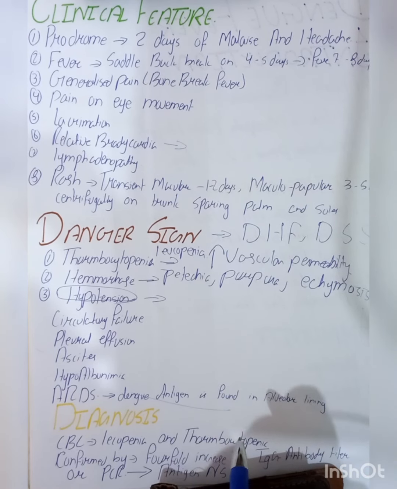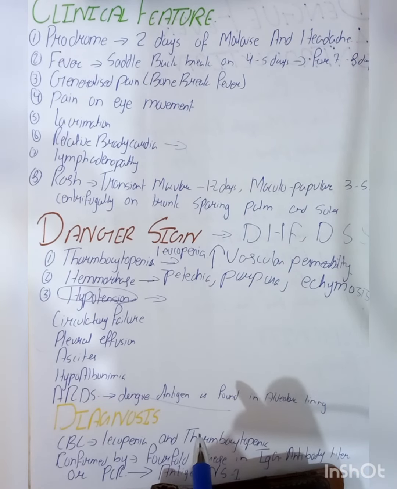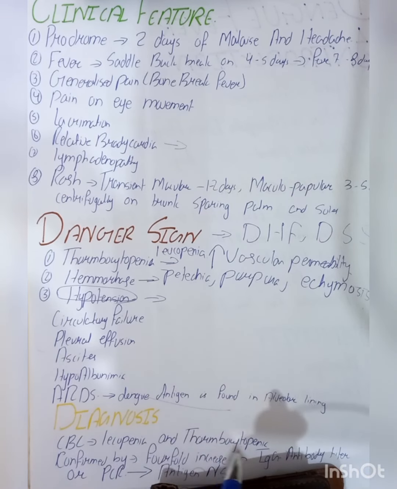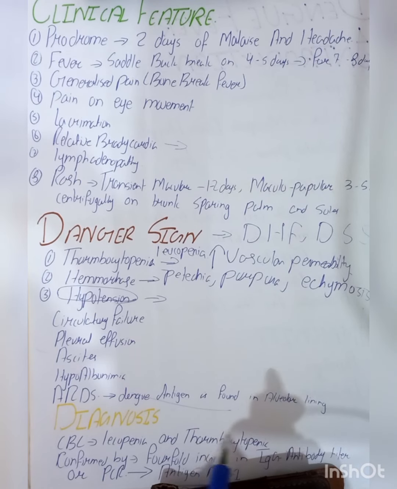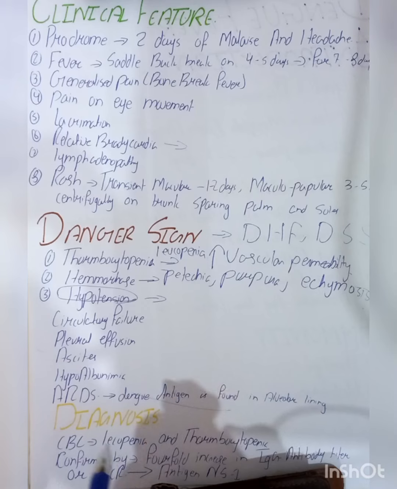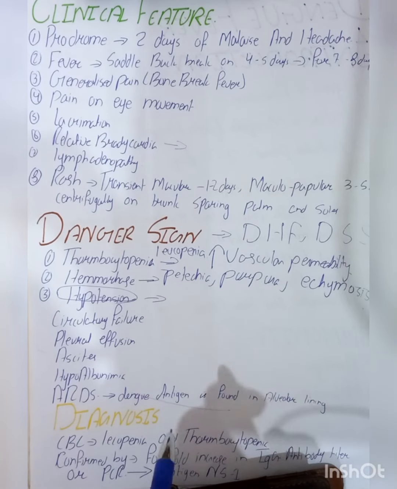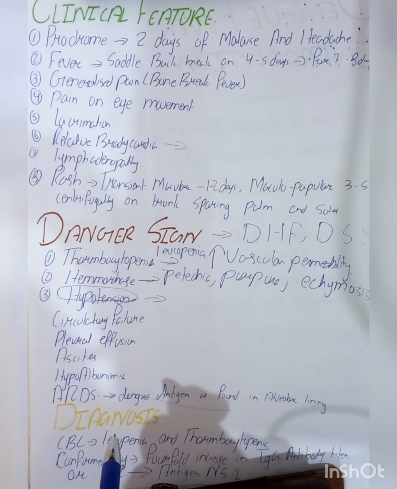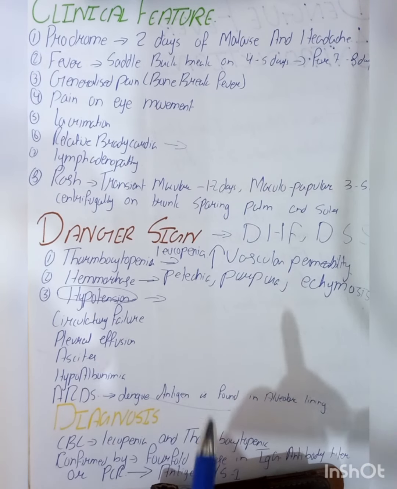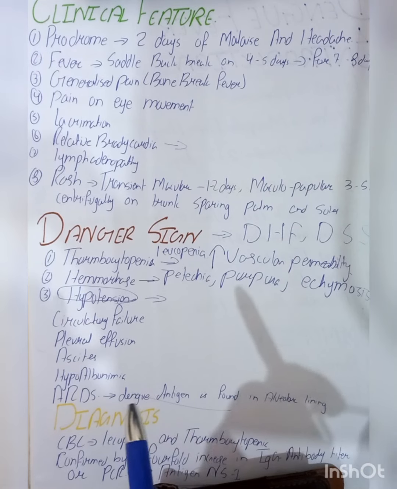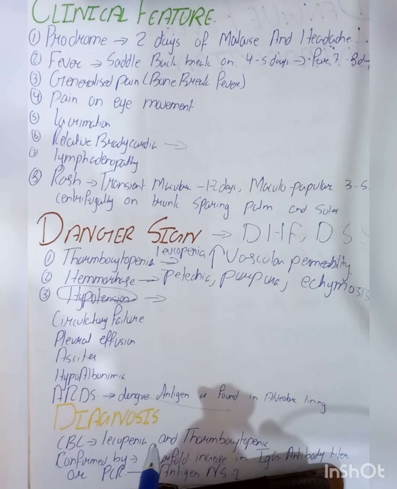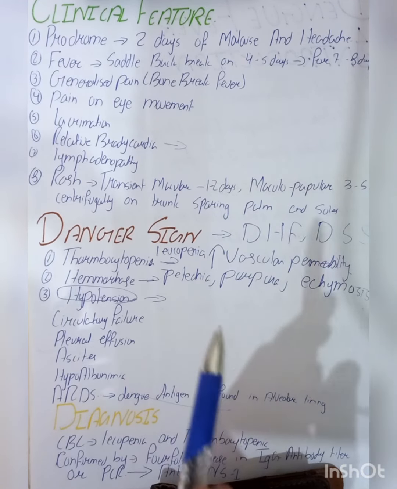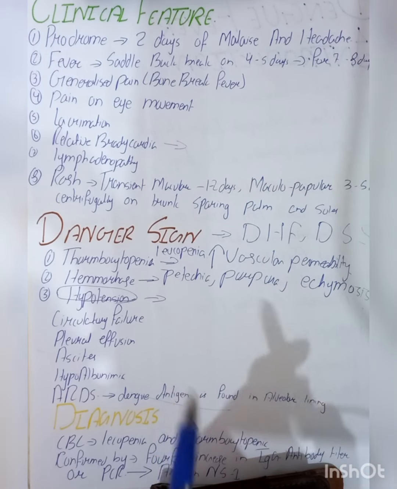As you know, an antigen-antibody mismatch occurs, or the leukocyte and platelet membrane proteins mimic the viral antigen, leading to destruction of the leukocytes and platelets, causing thrombocytopenia and leukopenia. Leukopenia and thrombocytopenia are also found in malaria and typhoid fever. So these are the differential diagnoses for the symptoms which occur in dengue fever.